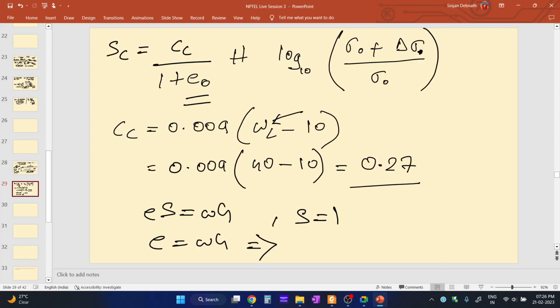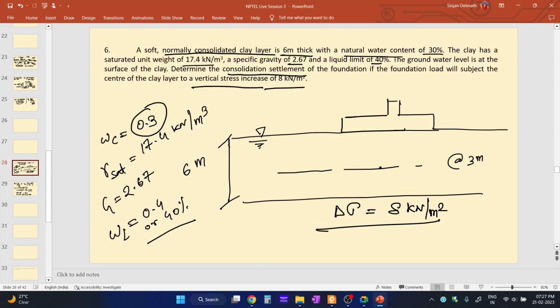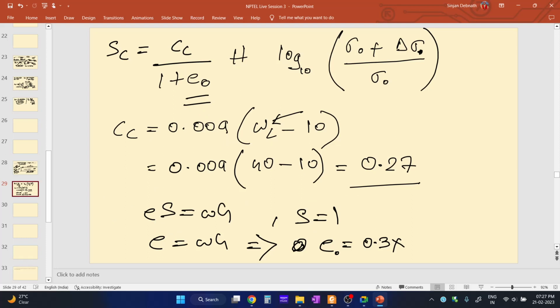So e, that is E0, is equal to 0.3 into G, the specific gravity of soil solid, Gs, which is 2.67. If you calculate this, it will come out to be 0.801. So this is the initial void ratio.